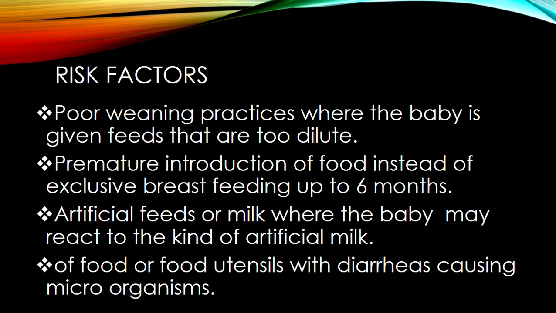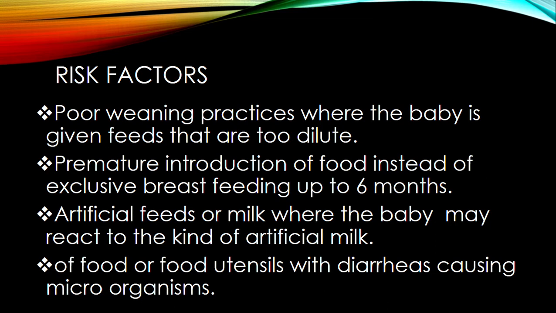So artificial milk such as maybe Nanny One, or S26, or 50 something. A baby can react to those artificial milks. In a case that a child reacts to any element found in that artificial milk, it can result in the child having diarrhea.